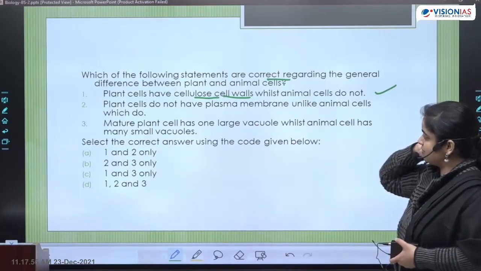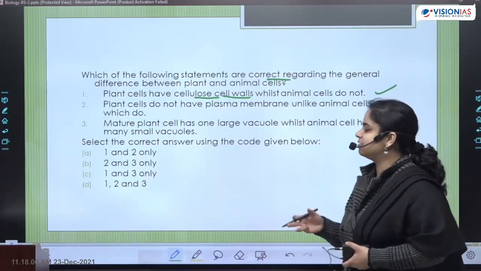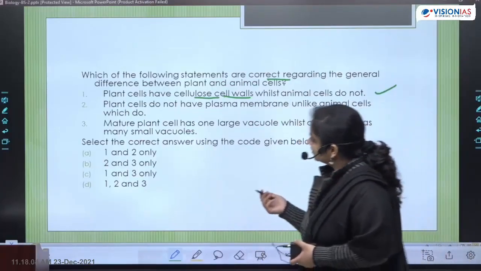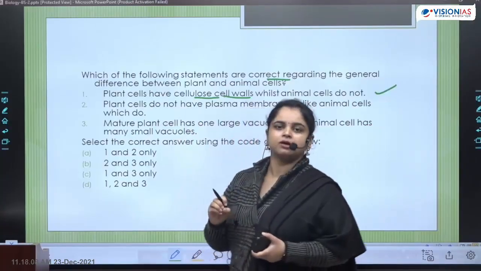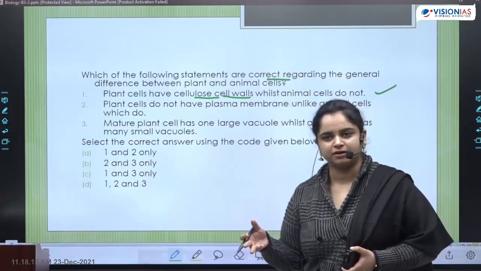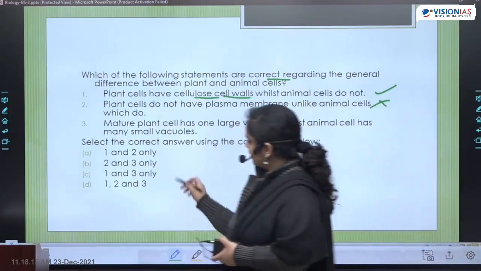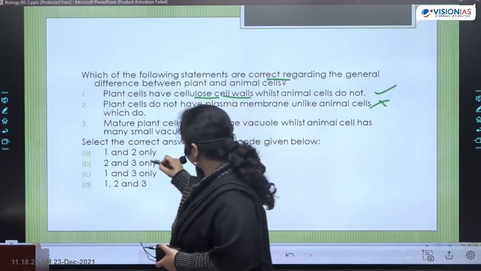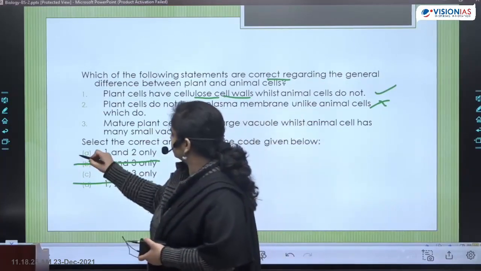Second point, plant cells do not have plasma membrane, unlike animal cells which do. What about this? This will be incorrect. Plant cells can have a cell wall, but that does not mean that they do not have the cell membrane or plasma membrane. So this is incorrect. Now we want 1 to be in our answer and we don't want 2 to be in our answer.